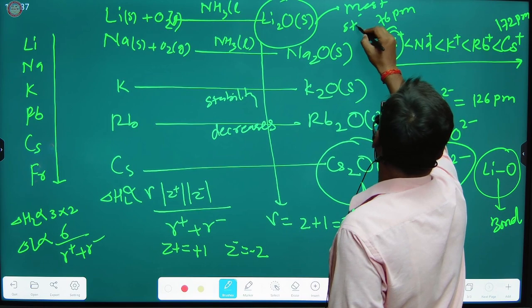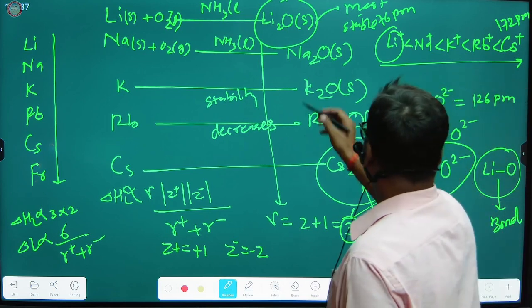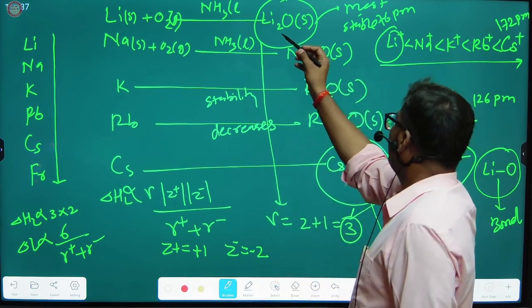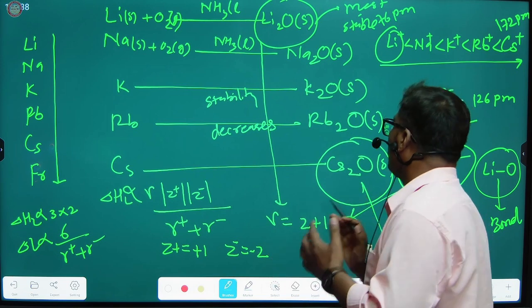Lithium oxide is the most stable, right? Because of the polarization effect of the lithium cation, it polarizes the oxide ion in the formation of the metal-oxygen bond.